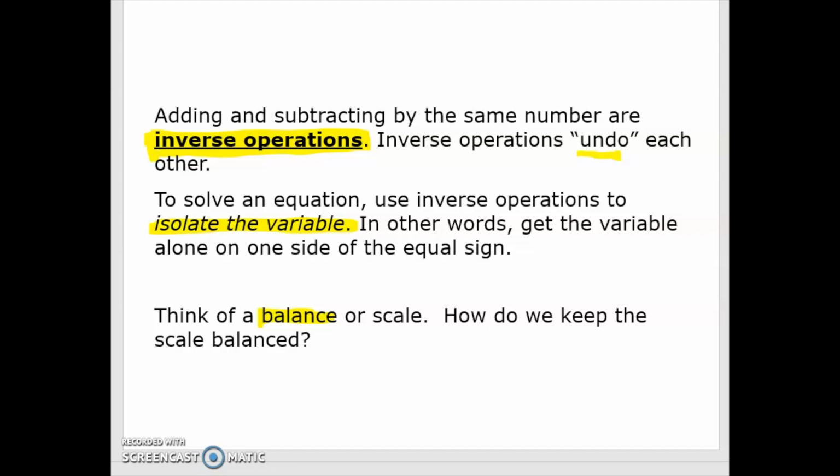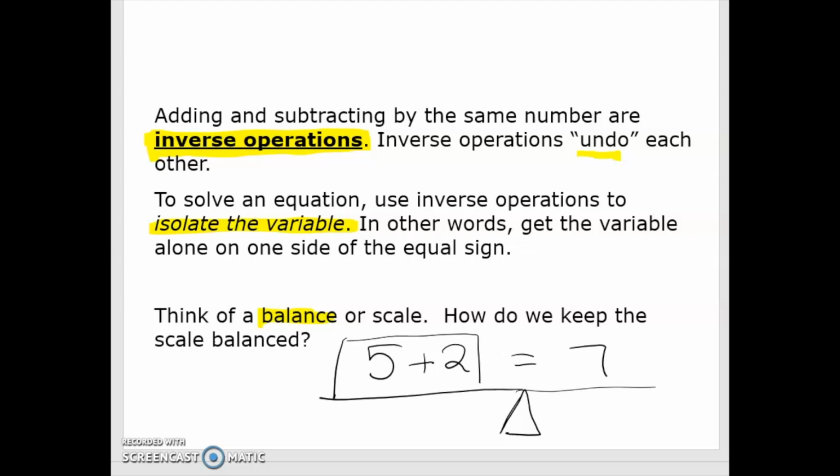Okay, so we're going to think of our equation like a balance. If I have the equation 5 plus 2 equals 7, think of this like a balance or a teeter-totter, and this basket over here has the same weight as this basket over here. But if I were to remove 2 apples from the basket, what would happen to my teeter-totter?